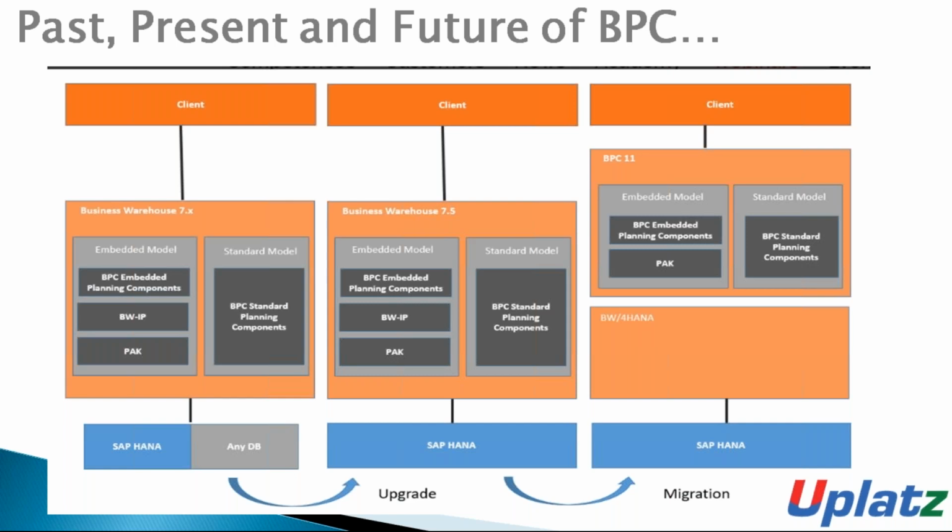Till 7.4 version, SAP gave the flexibility to use any database. From 7.5, which came from 10.1 version, BW 7.5 version is like BPC 10.1 version. That too embedded version, not the classic one.